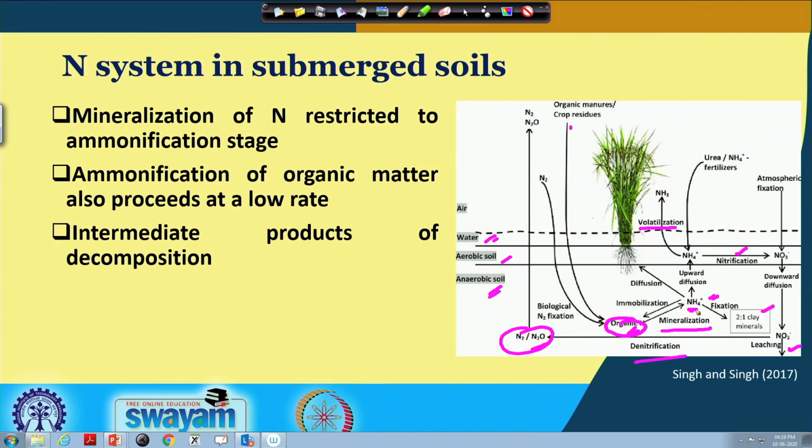Now, this ammonium can diffuse away to the root zone of the rice plant, so that the plant can take up the ammonium as a source of nitrogen. Also, the ammonium shows upward diffusion into the aerobic layer, where it further undergoes nitrification.